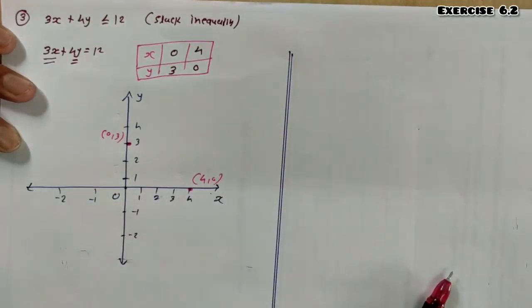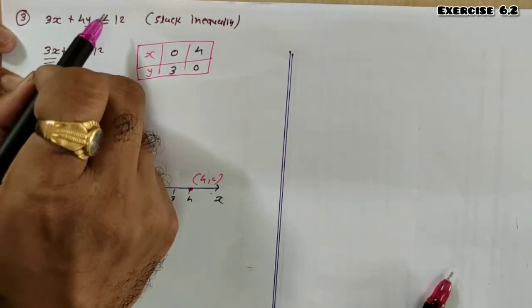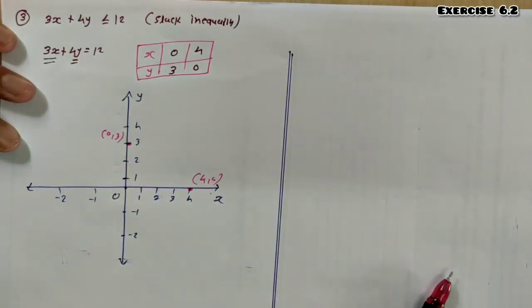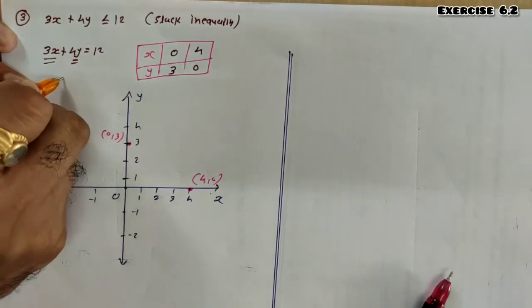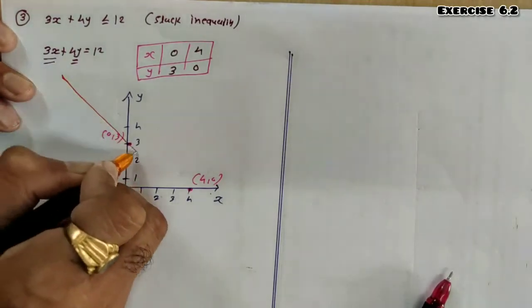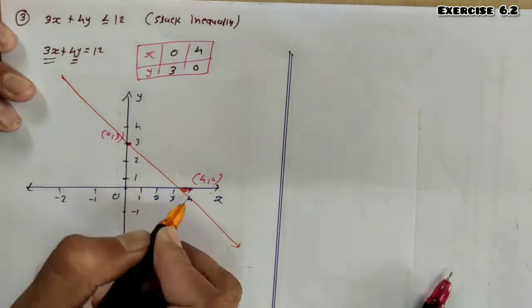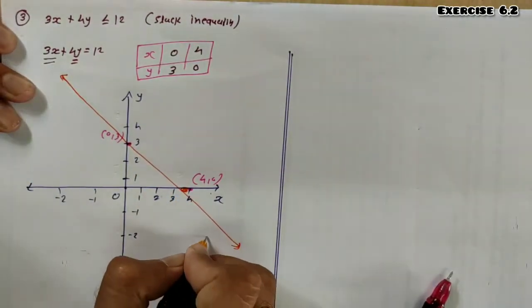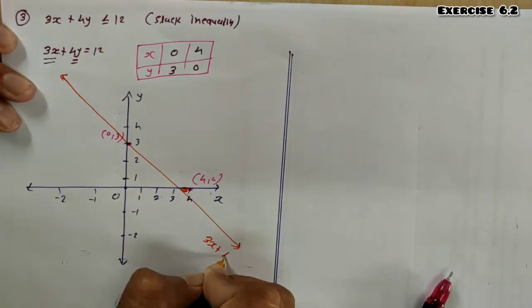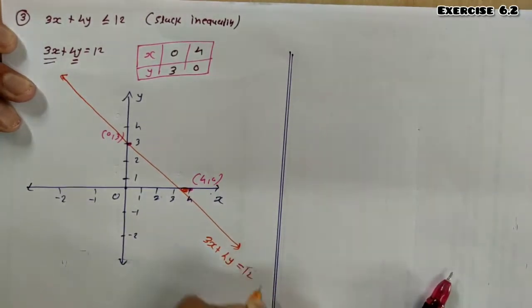Here the inequality is a slack inequality, so we have to include our line in the solution. So we will draw a solid line. Then assume this one has passed from 4. So 3x plus 4y equal to 12.